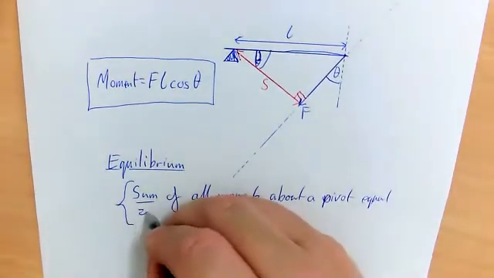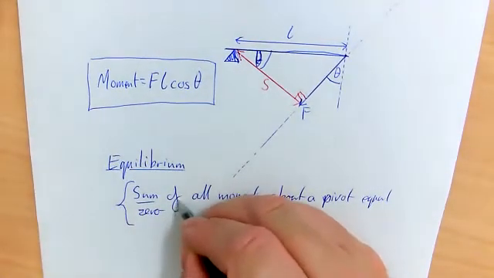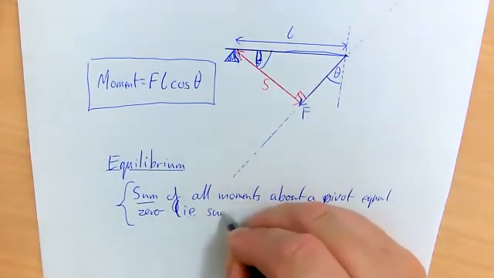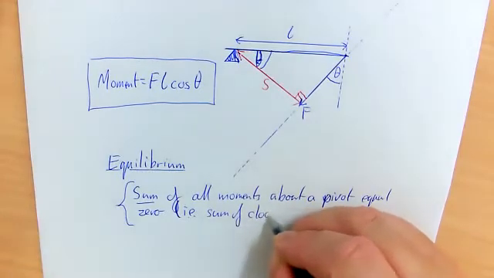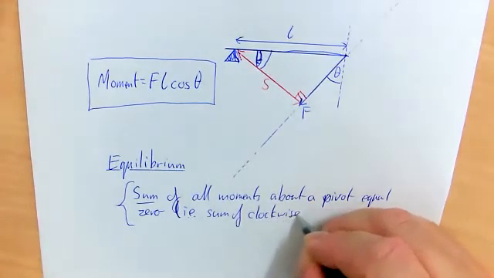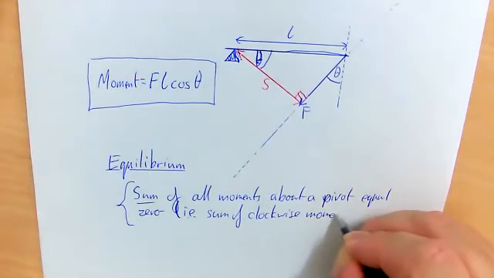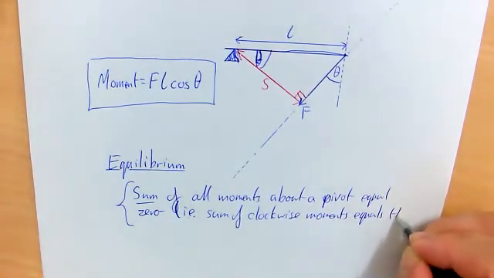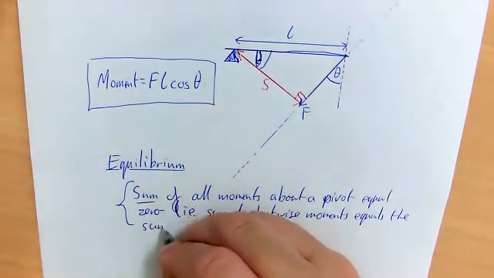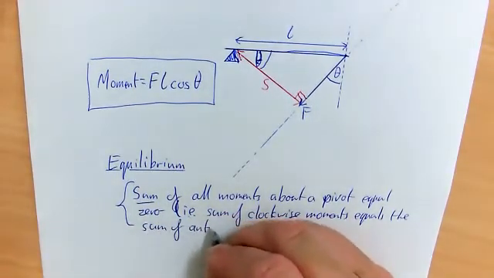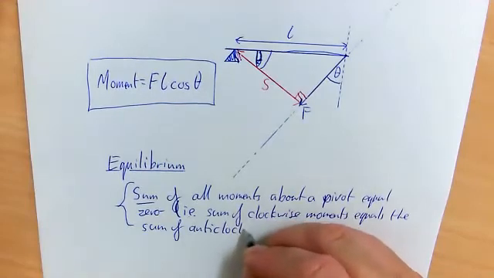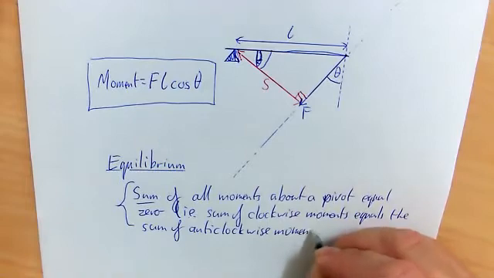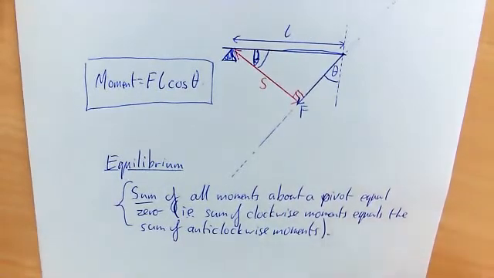equals 0. If you want to write it completely, you'd say the sum of clockwise moments equals the sum of anti-clockwise moments, about a pivot.